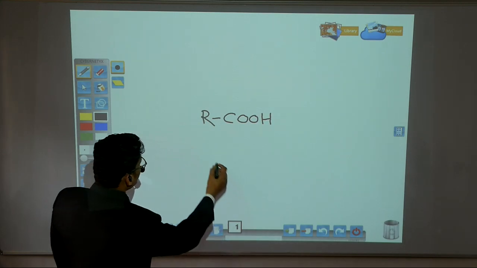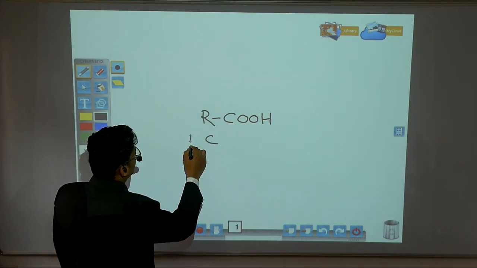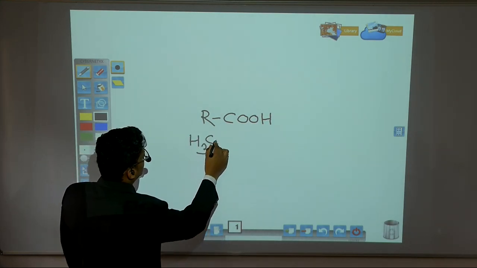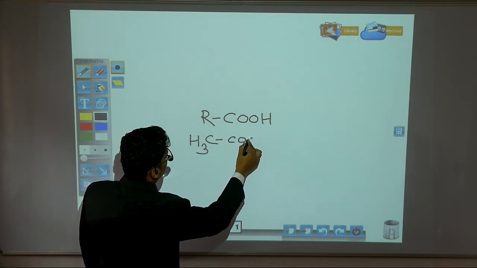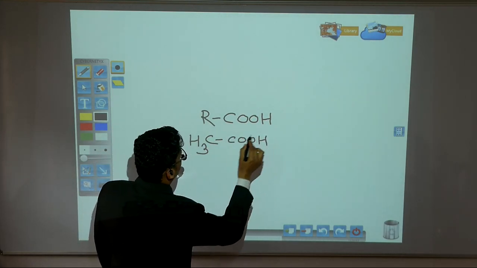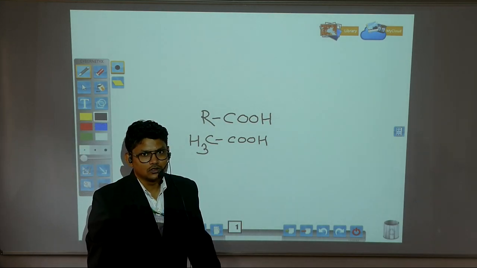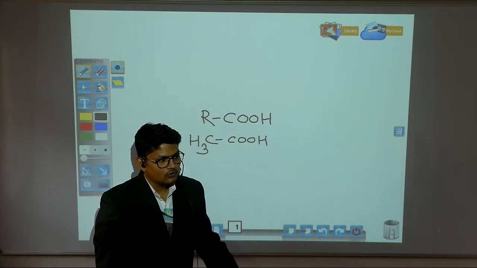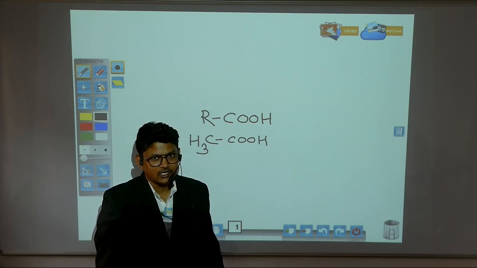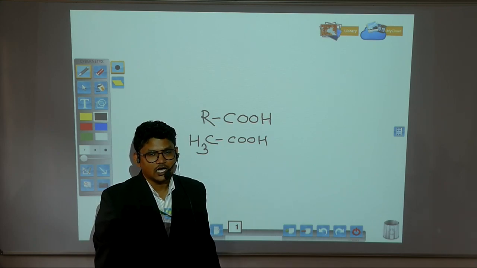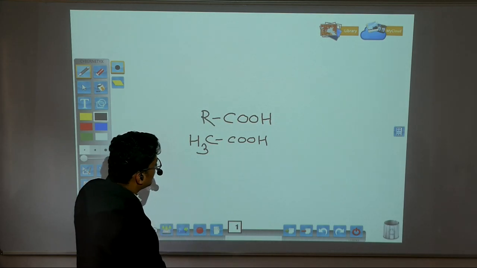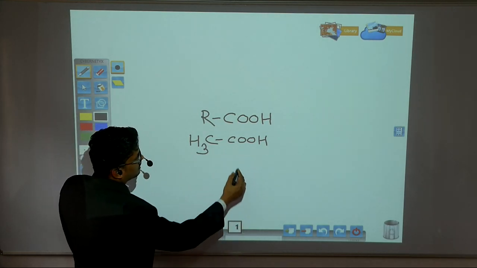So this is the carboxylic acid which contains 2 carbons. As per the IUPAC rule, first we have to count the number of carbon atoms including the carboxylic group. So here we can see there are 2 carbon atoms.